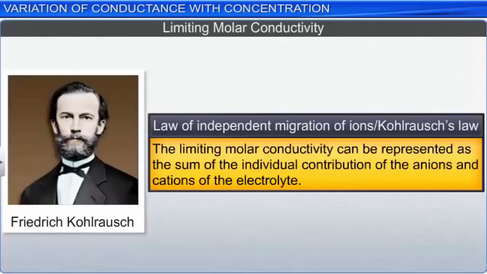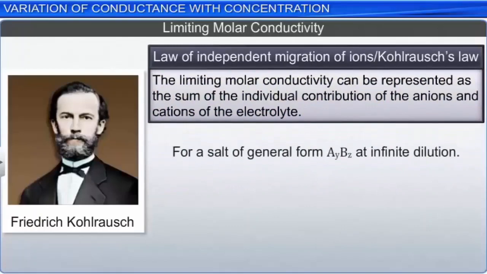For a salt of general form AyBz at infinite dilution, limiting molar conductivity is equal to y times the limiting molar conductivity of cation A plus z times the limiting molar conductivity of anion B.